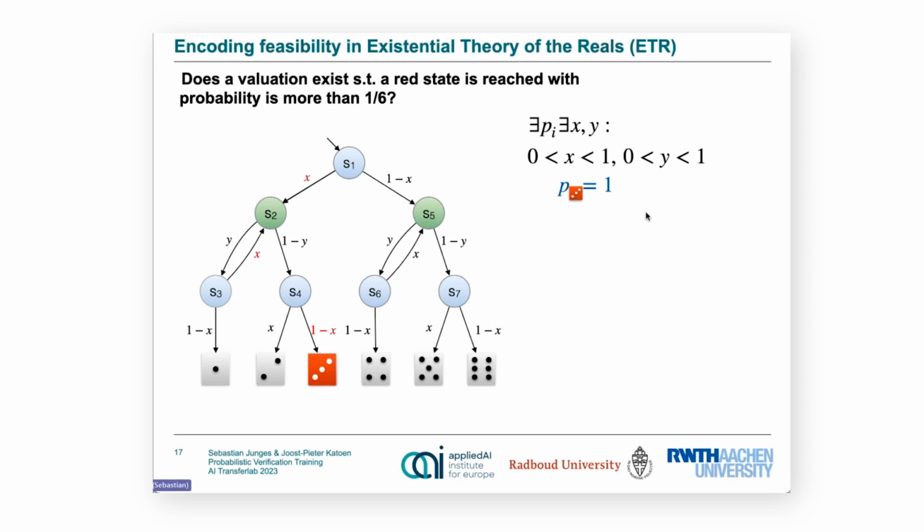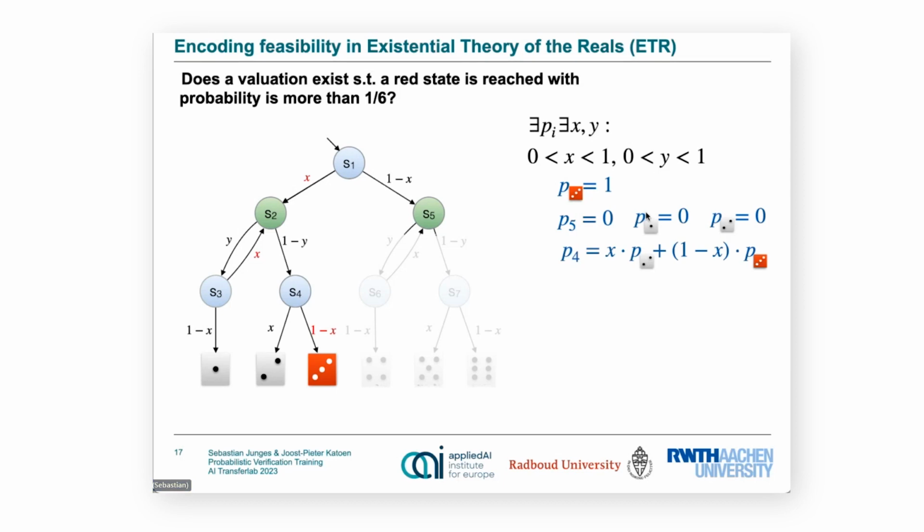And then what I can do is, as Joost-Pieter said before, the probability to reach the red state from the red state should be 1. From all the states where there is no path to actually reach the red state, the probability is definitely going to be 0, no matter the values for x and y.